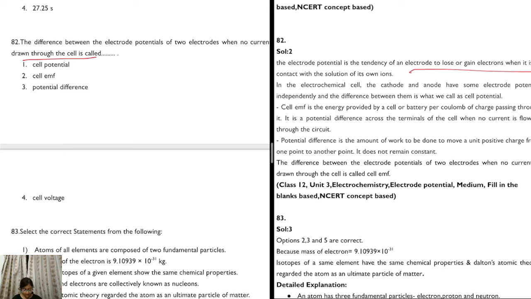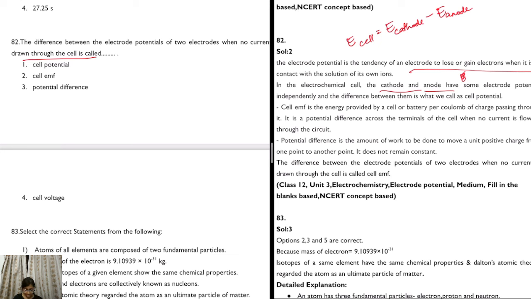So in any cell, what will be cell potential? It would be dependent on the cathode and anode, and they'll have some electrode potential of their own. So cell potential would be, I'll write it here, E cell would be E cathode minus E anode.